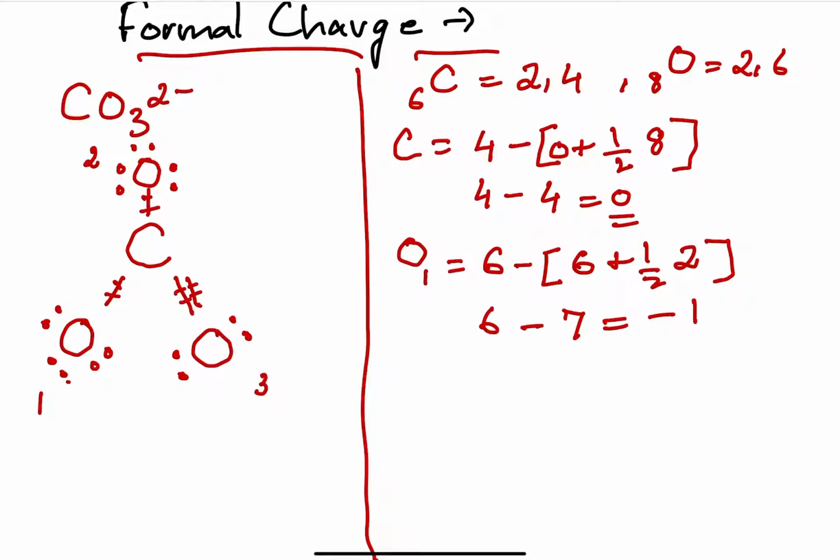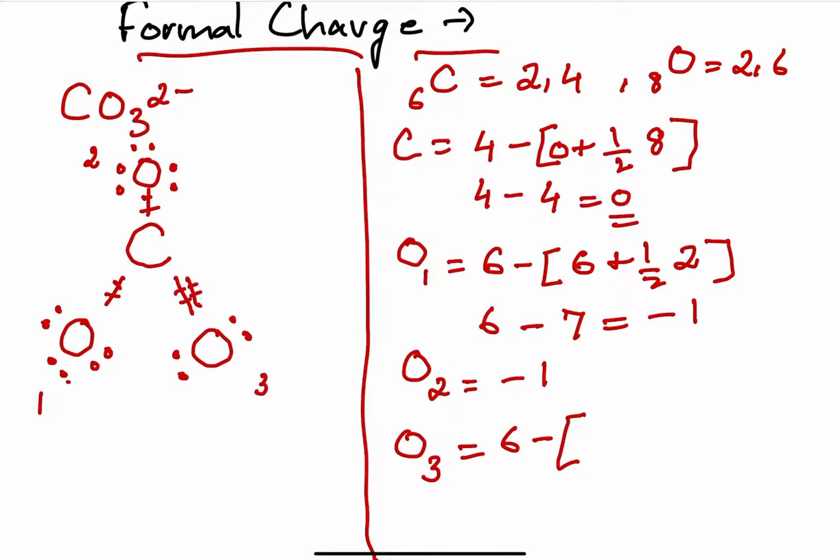We see that oxygen number 1 and oxygen number 2 are similar. Both have a single bond, sharing a pair of electrons. So the formal charge of oxygen number 2 is also -1. Let's take oxygen number 3, because it has a double bond, so it will have a different formal charge. Again, the number of valence electrons is 6 minus, open a bracket, electrons in lone pair.